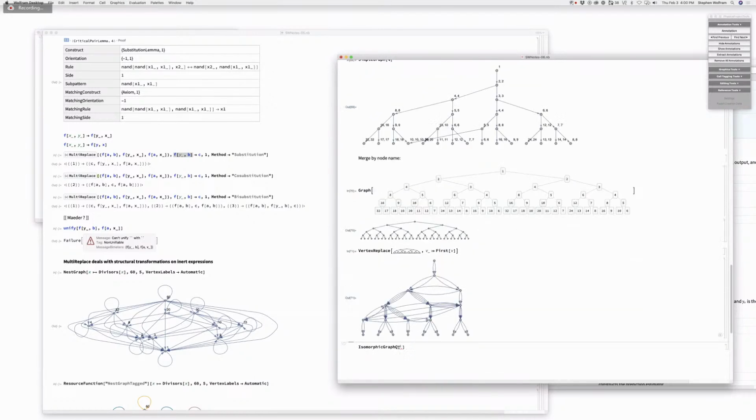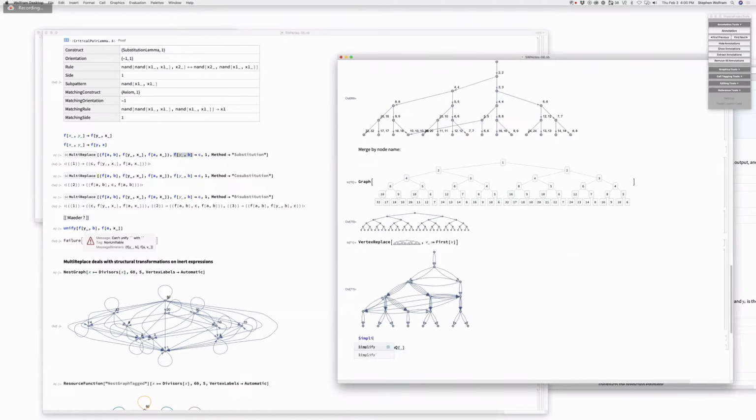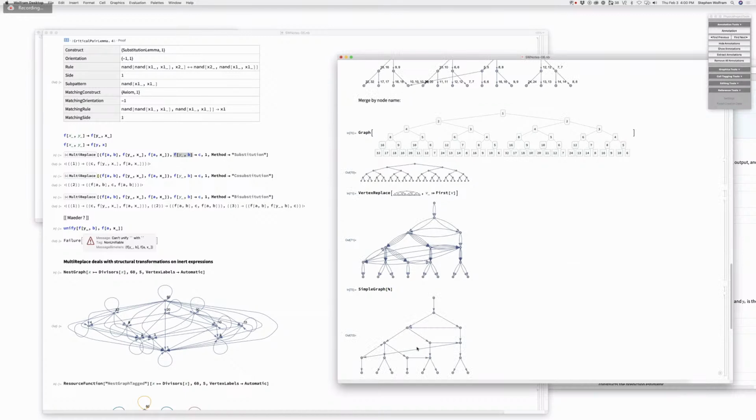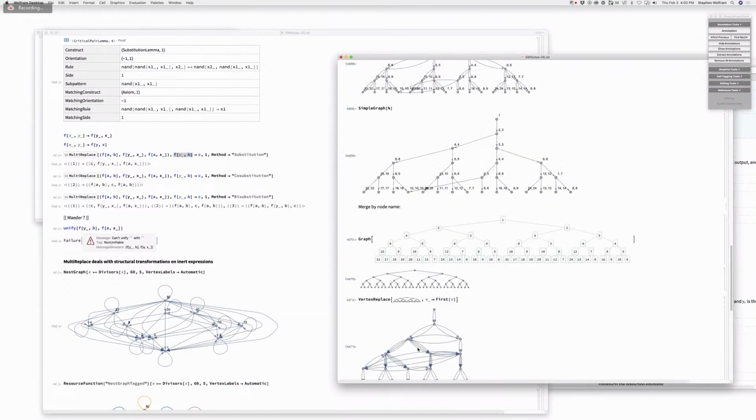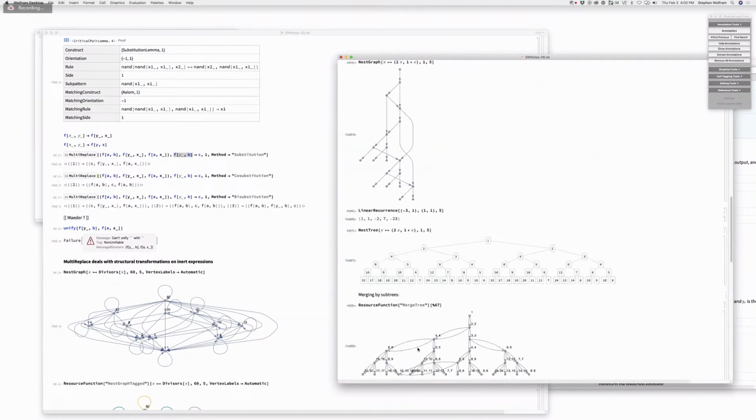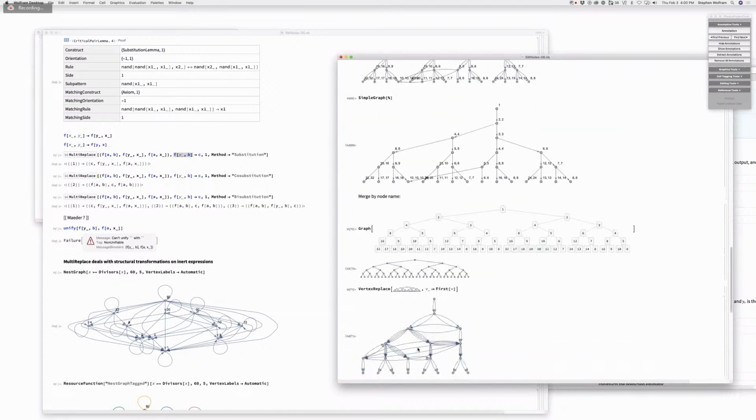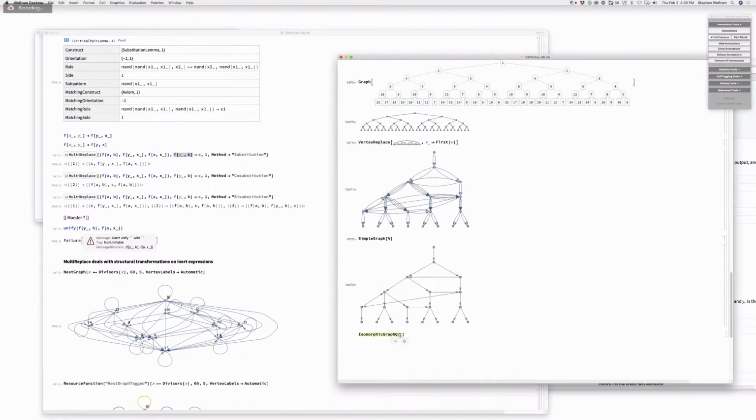Okay, and then we say simple graph on that. Well, I can't tell if it's the same, but it might be. Isomorphic graphs. Ta-da! Cool.